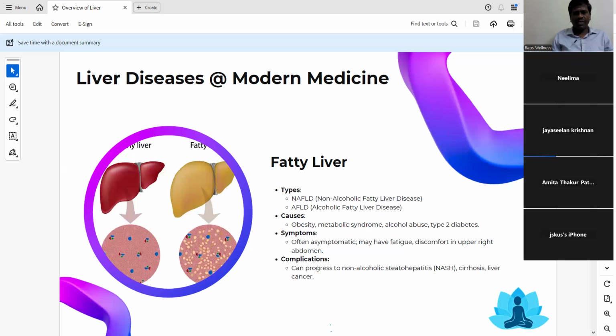So, if it is unaddressed, especially the second one, NASH, what will happen? That will lead to cirrhosis and/or cancer, and most of the cardiovascular diseases. One of the leading causes of death in NAFLD is cardiovascular disease, and also liver failure.